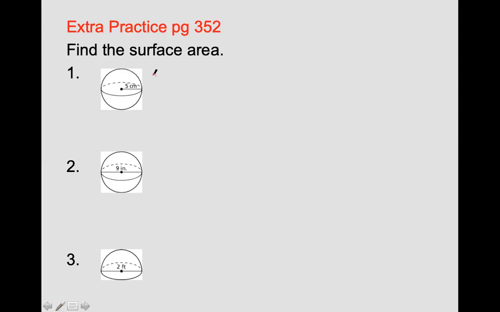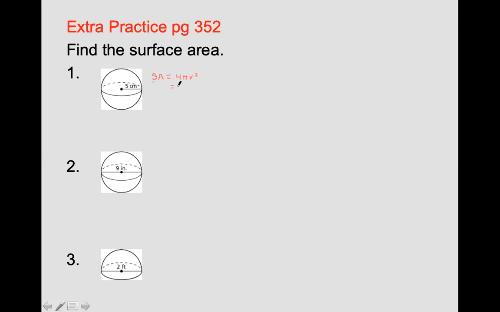And again, I'm going to call it SA. So I'm going to write SA equals, and the formula is 4 pi r squared. Right? So our radius is 5 in this case.